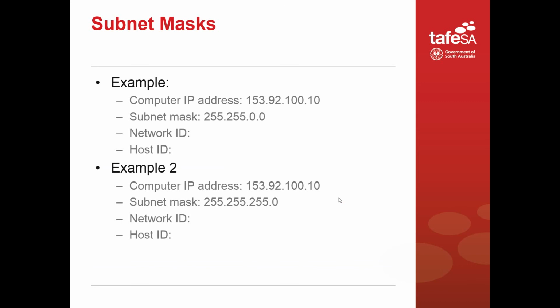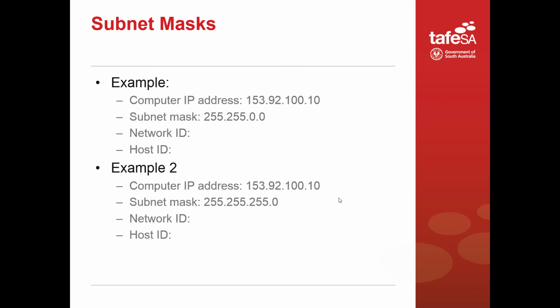In example 1, we've got an IP address 153.92.100.10, and the subnet mask is 255.255.0.0. We're going to work out the network ID. We can see that 255.255 is in the first 2 octets.